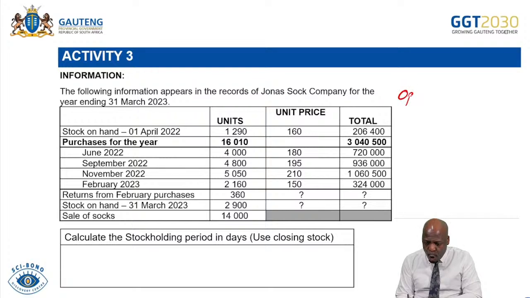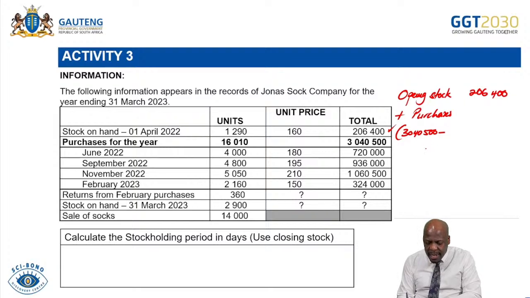We'll say opening stock. Remember, we're told that the business uses the periodic inventory system. So we'll say opening stock, which is your 206,400, plus my purchases. My purchases here, I have 3,040,500.